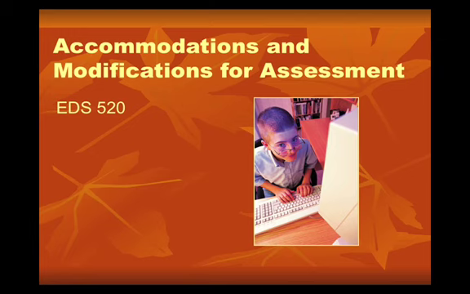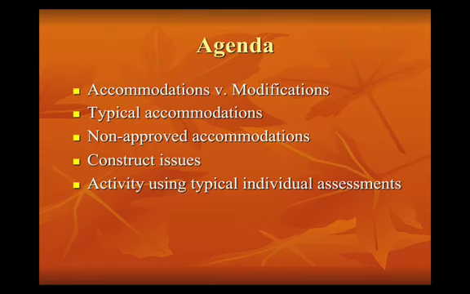Really, a lot of this course, as you realize, comes down to this concept of equity and whether or not students really have a fair shake at doing well. So today we're going to talk about a few topics. We're going to talk about accommodations versus modifications. I'm going to talk about typical kinds of accommodations, things that are generally considered to be non-approved accommodations.